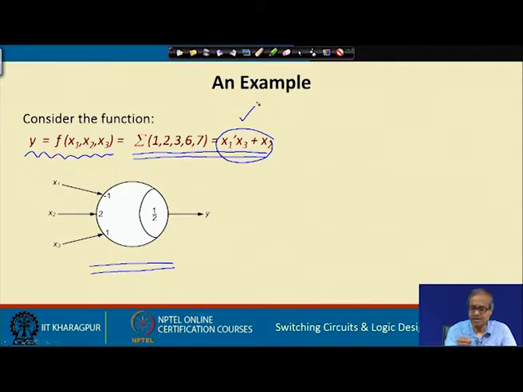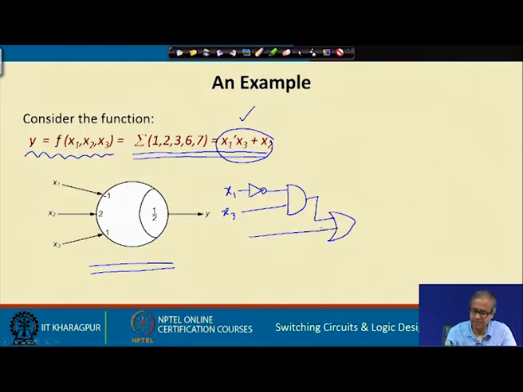Now, if you wanted to implement this function using conventional gates, then you would require an AND gate, with x1 you would require a NOT gate, x1 bar x3, and this will go to an OR gate. You would be connecting x2 here.